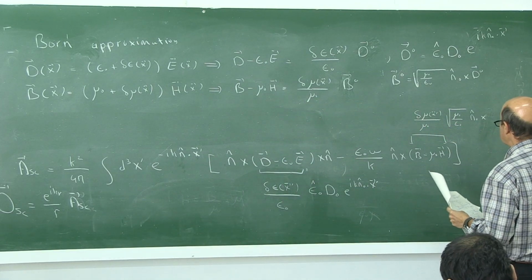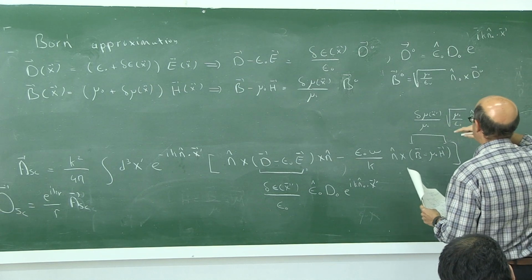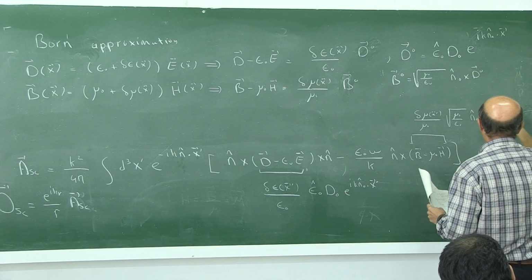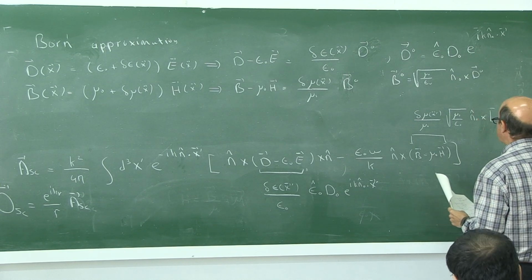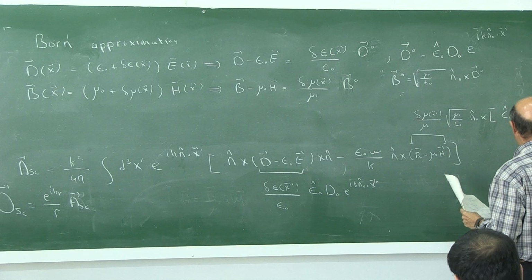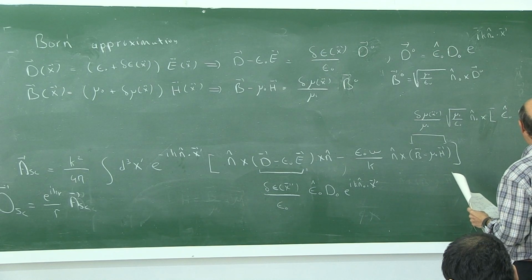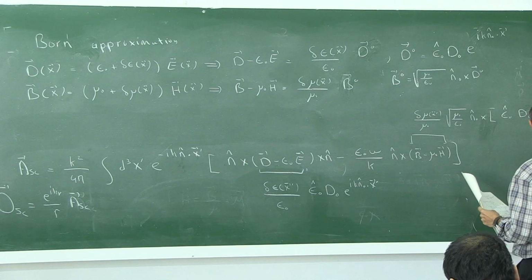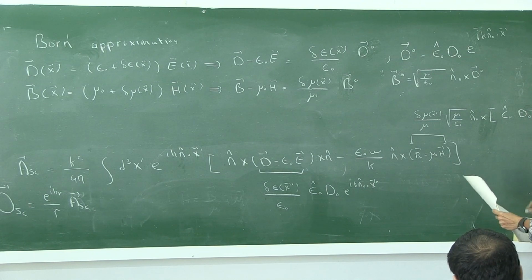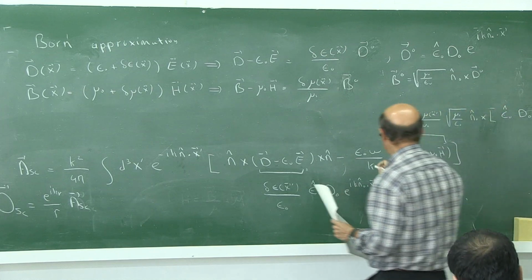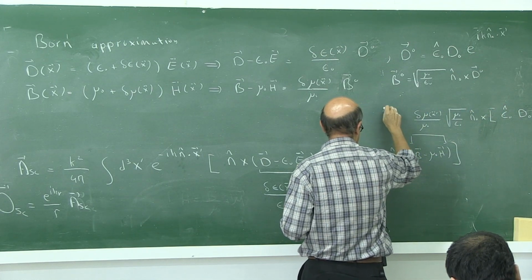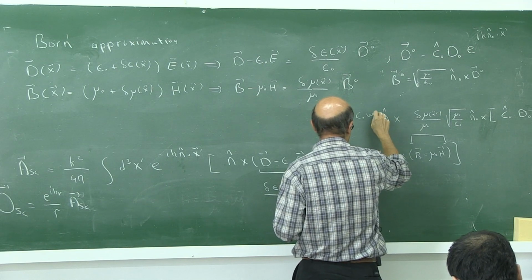D0 is what? Incident polarization, D0 amplitude, e to the i k n0 dot x prime. And what are the other terms here? I have a cross product with n, epsilon 0 omega over k.